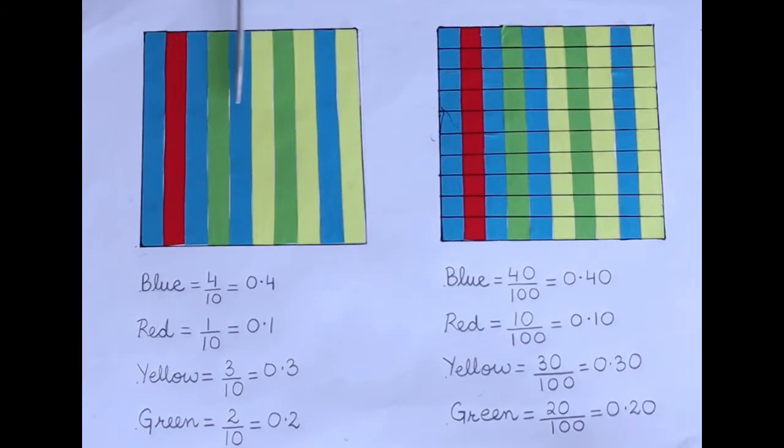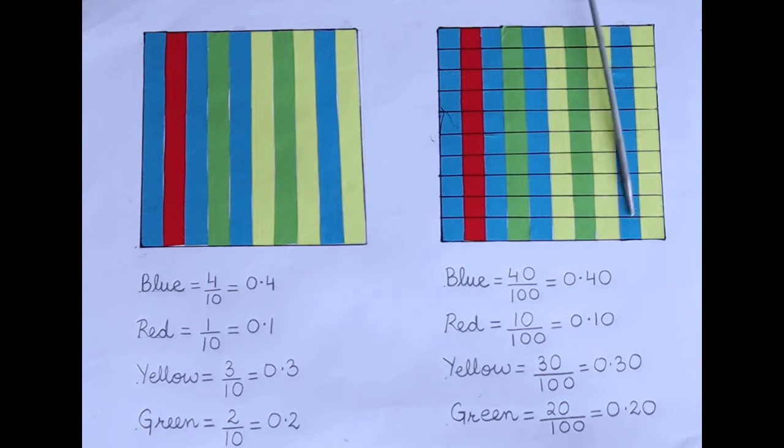Similarly, look at the red strip in this figure. We have only one red strip out of 10 equal strips. So the fraction for the red strip is 1 out of 10, and the decimal equivalent is 0.1. In this figure, there are 10 equal boxes of red out of the 100 parts.